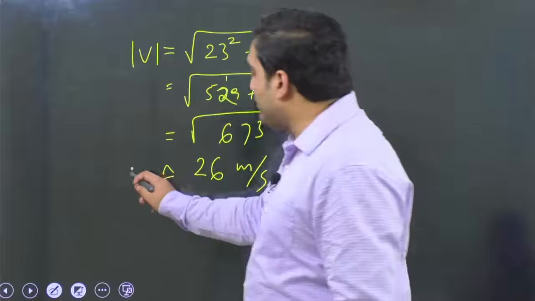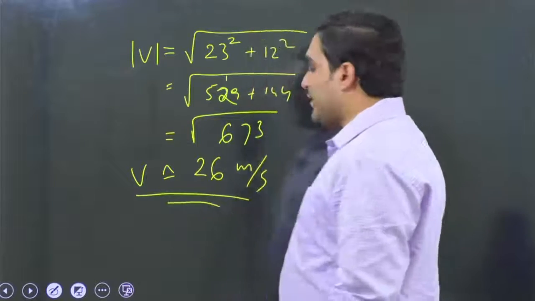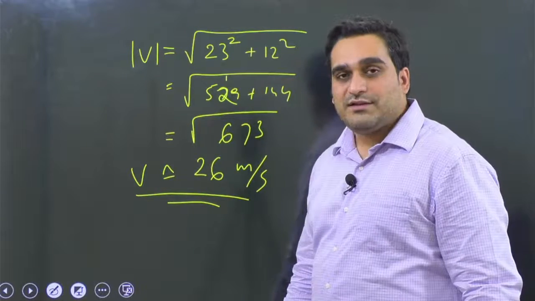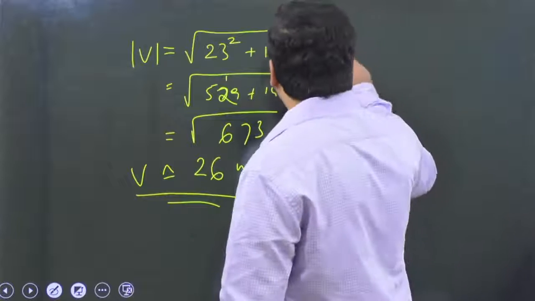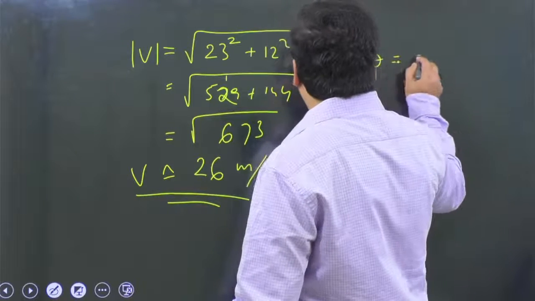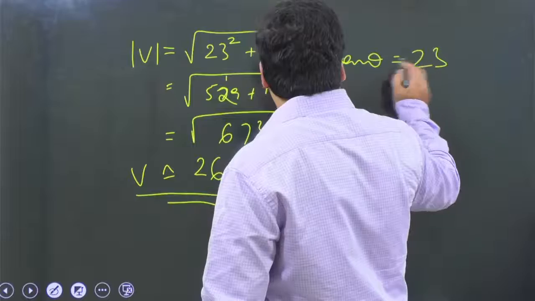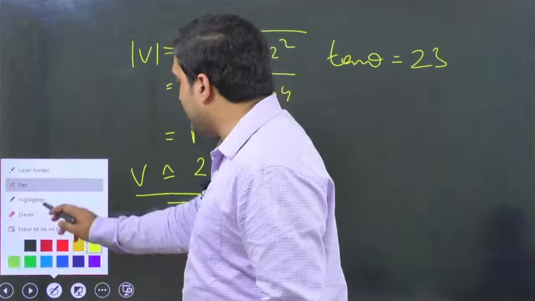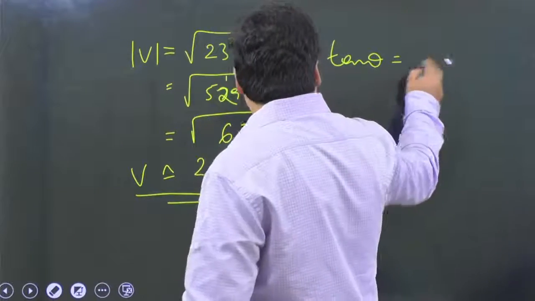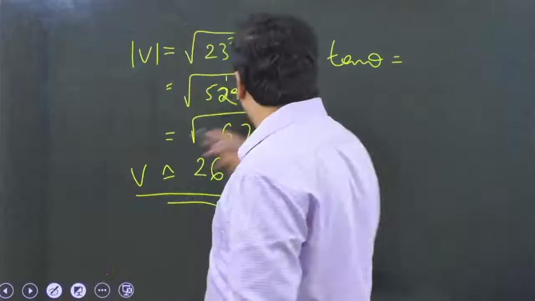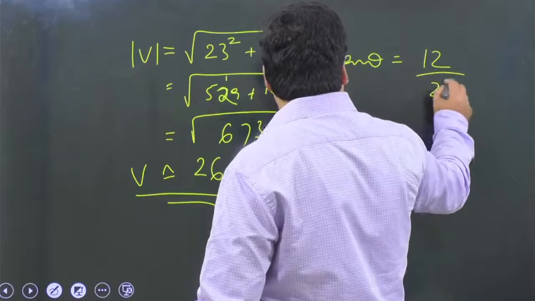Ta-da! We found the velocity of the particle. Now we need to find its direction. Tan theta equals the y component, which is 12, by 23.